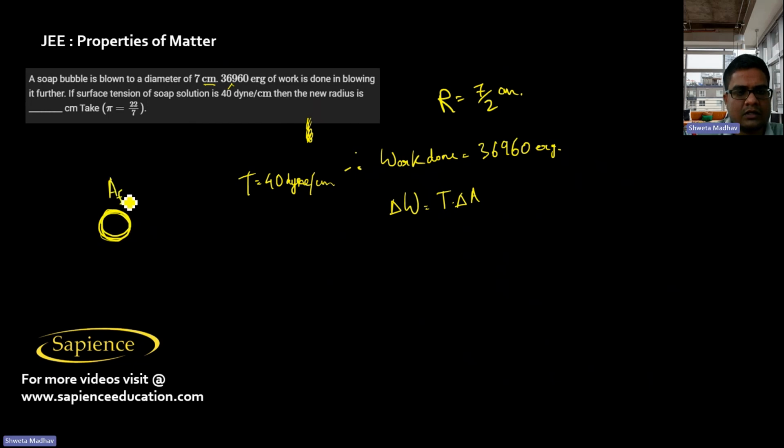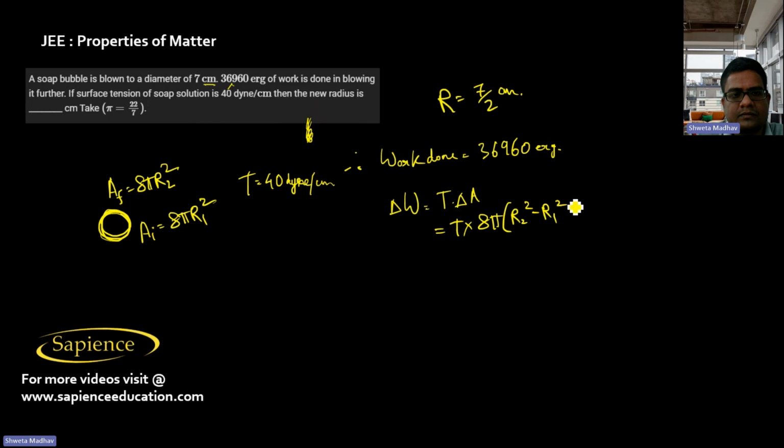So the final surface area will be 8 pi r2 square, suppose, and the initial area is 8 pi r1 square, suppose. Since there are two spherical surfaces, that will be T into 8 pi into r2 square minus r1 square, and r1 is 7 by 2.